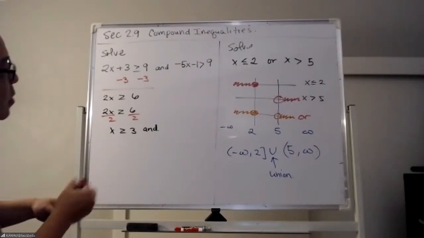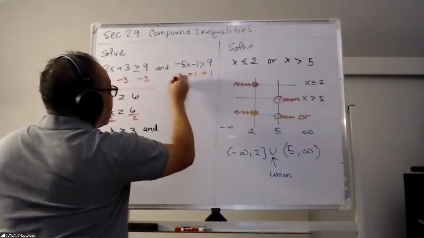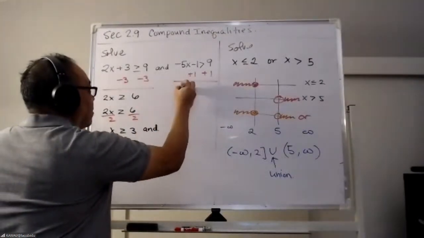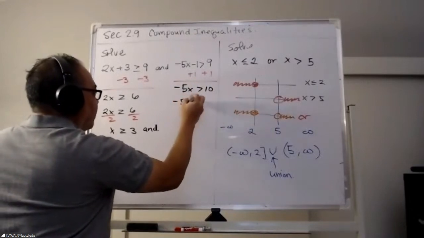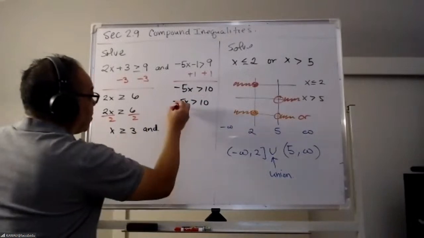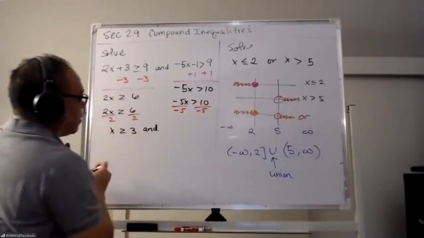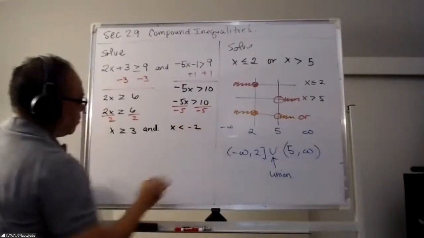Okay, and then we're going to add 1 to both sides. And then when we divide both sides by -5, x is less than -2.